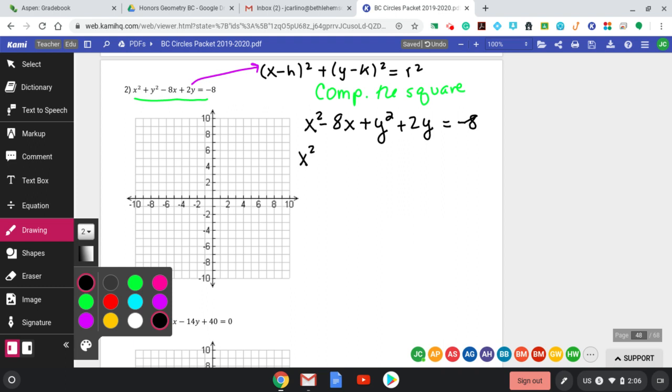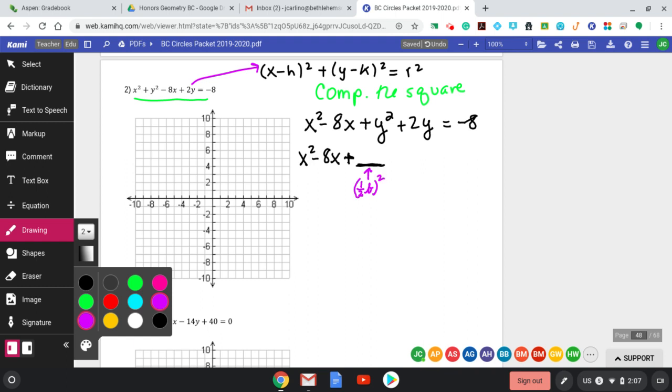x squared minus 8x. Now, if you remember from last year, you had to add a number to it. Anybody remember how to find that number you add? You took half your b value and squared it.